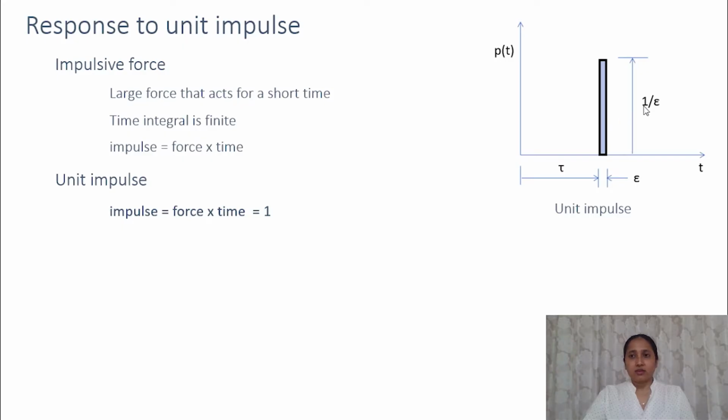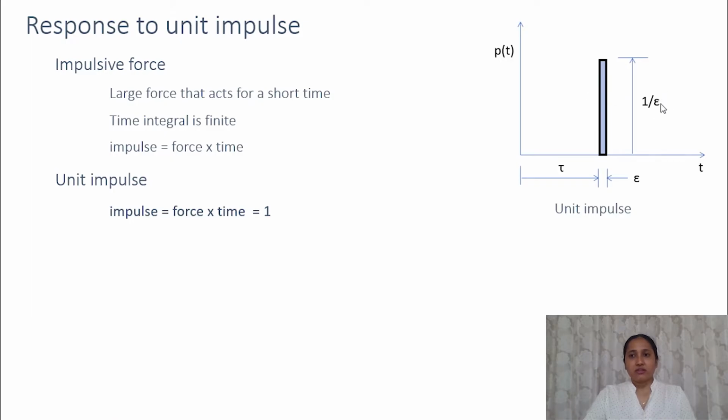It would be 1 by epsilon times epsilon, that is 1. So this is a unit impulse function. If this force is acting for a large duration, the value of the force will be less, because the product should be 1. So if epsilon is large, then force will be smaller.